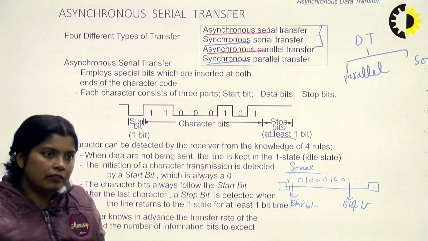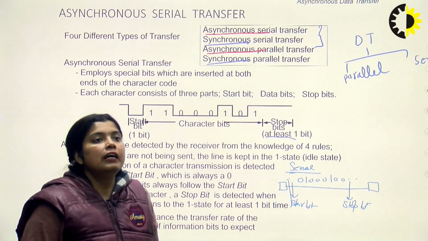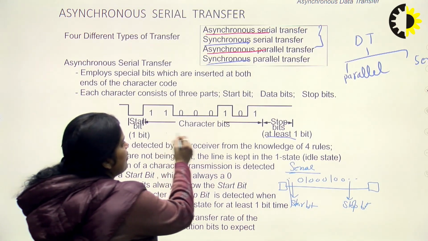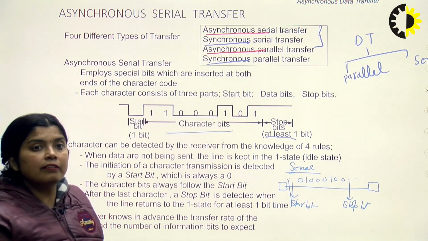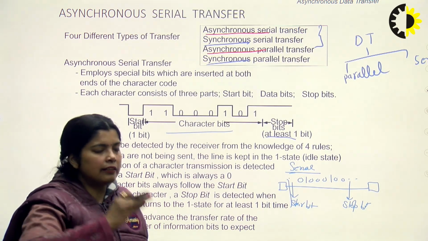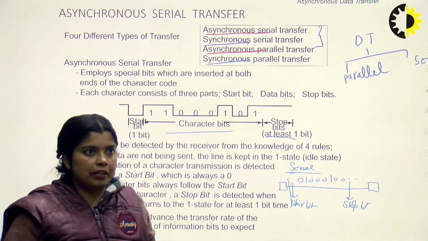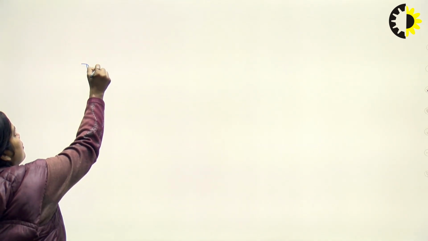Again, these are 0101 combinations, but there is a start bit and a stop bit. This is the example of serial communication. You can see any communication between devices like the hard disk to CPU or CPU to memory, these all are serial communication.